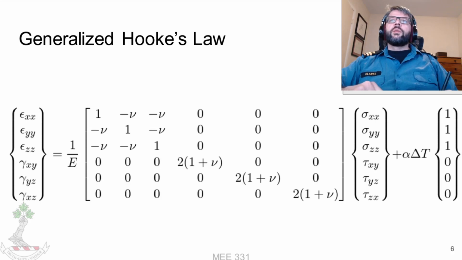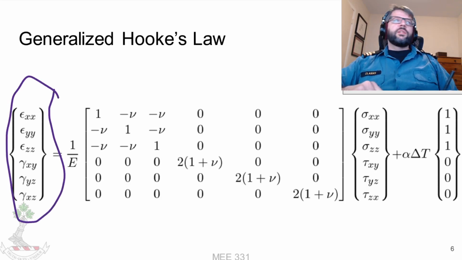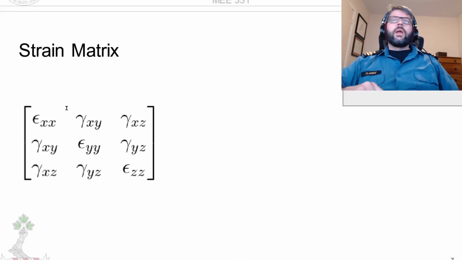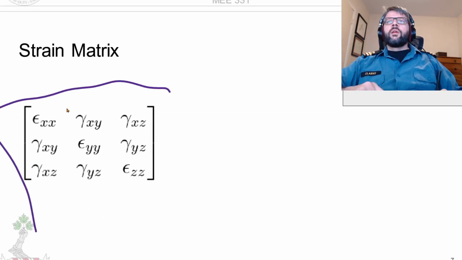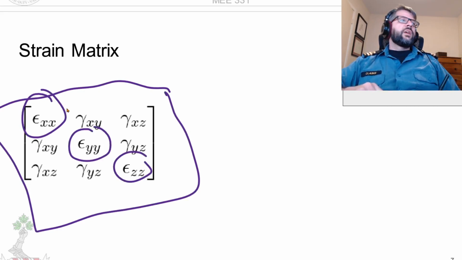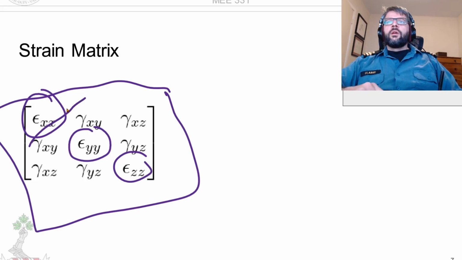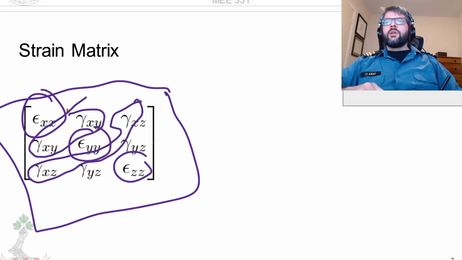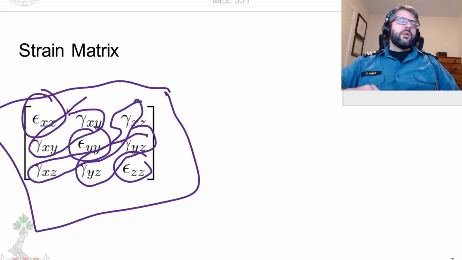And then, of course, once you solve for this, you can throw it into a 3x3 strain matrix where you've got our X, Y, and Z strains for our normal strains, and then our shear strain in the XY, our shear strain in the XZ, and our shear strain in the YZ.